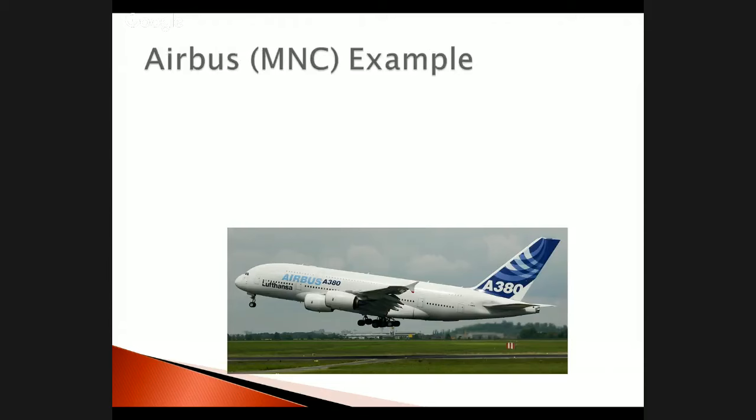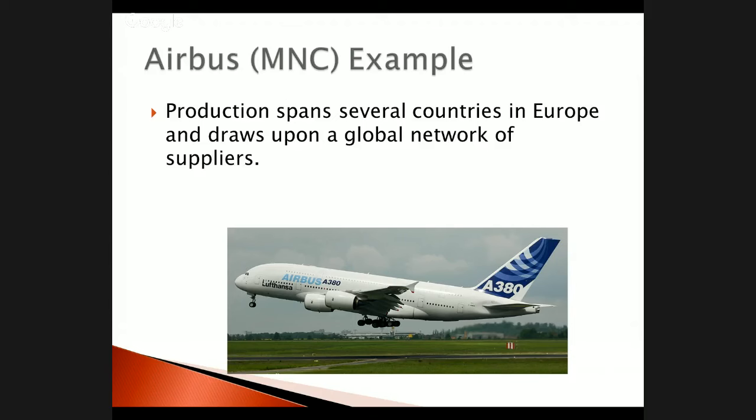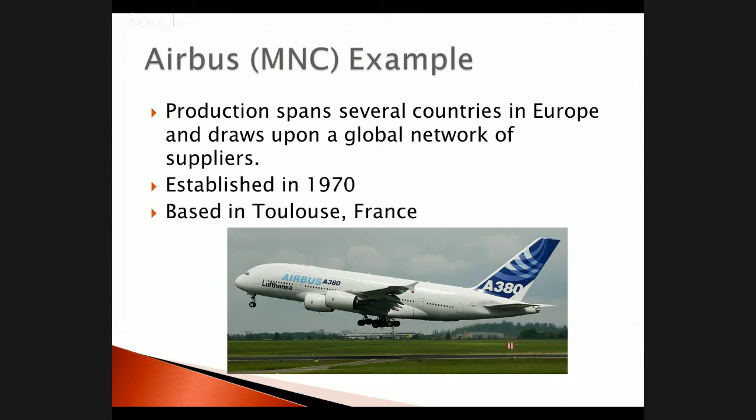Okay, so now we'll talk quickly about this Airbus example. Many of you have probably heard of Airbus. Their production spans several countries in Europe and draws upon a global network of suppliers. They were established in 1970 and based out of Toulouse, France.